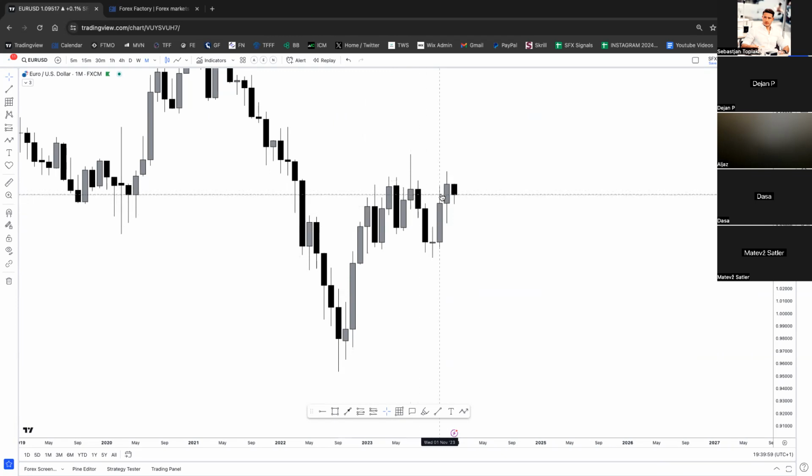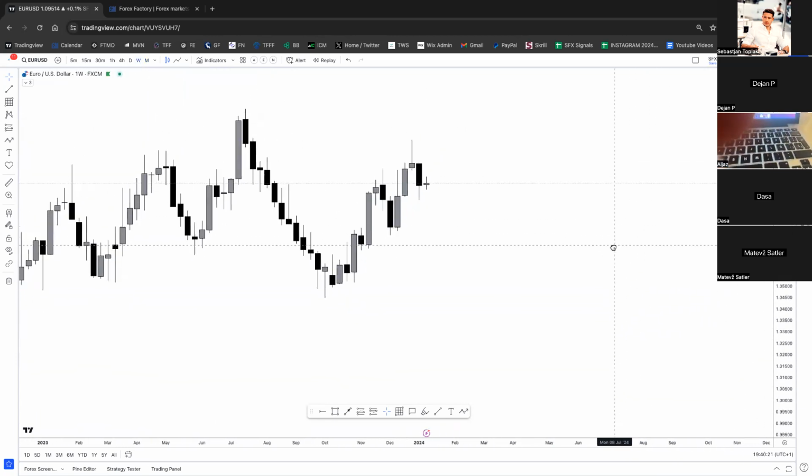We are overall in the structure, in the range on the monthly time frame. We do have imbalance to the downside, so possibly shorts on a long-term perspective, this can be a few months. Current monthly open is bearish. Previously, we had a bullish closure. We did not take monthly highs and monthly lows.